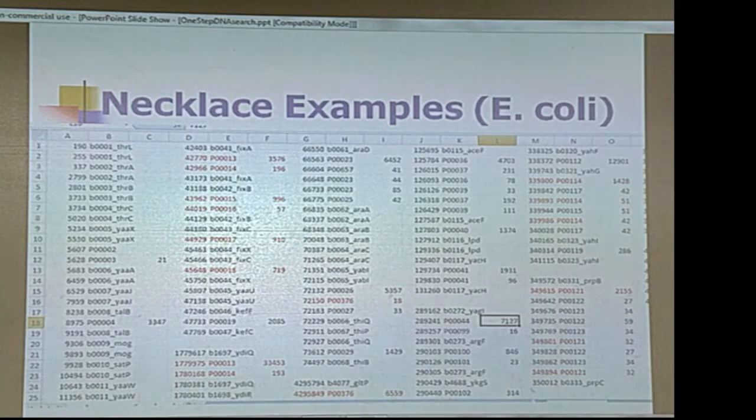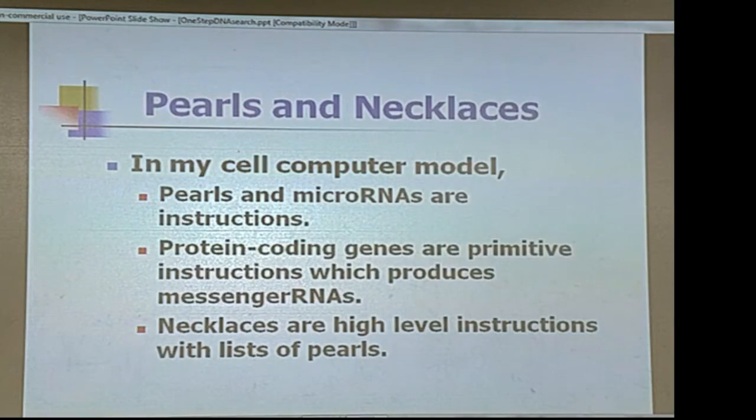Okay, so in my cell computer model, pairs and microRNAs are instructions. Okay, and protein coding genes are primitive instructions. They actually do things which produce proteins.